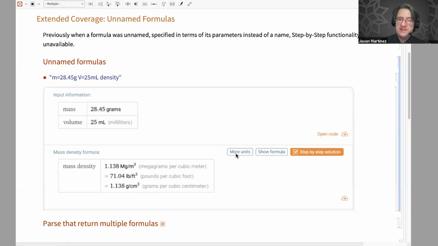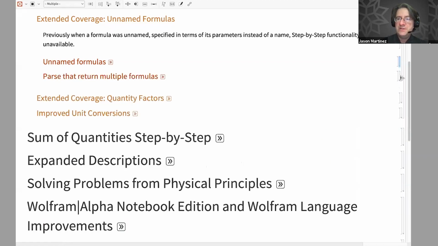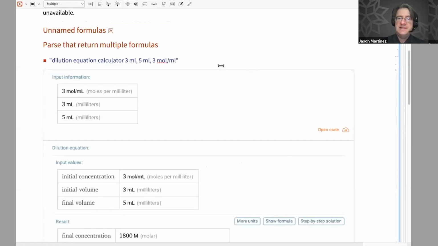before just this more units button and the show formula button. But we have reworked our buttons so that we can now include the step-by-step solution. And again, this will be coming live on the website next month. The major area where this helps is cases where you trigger multiple formulas at once.